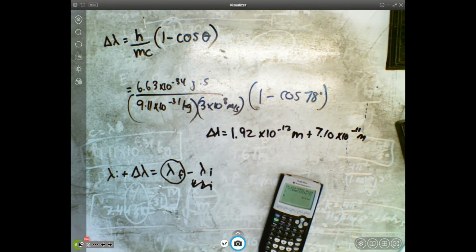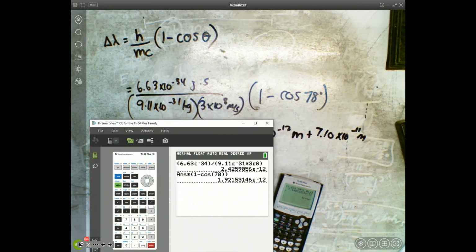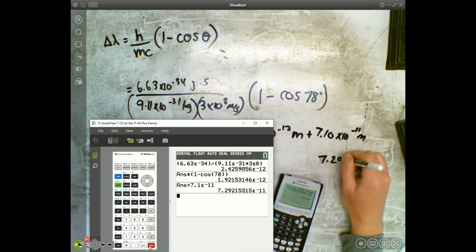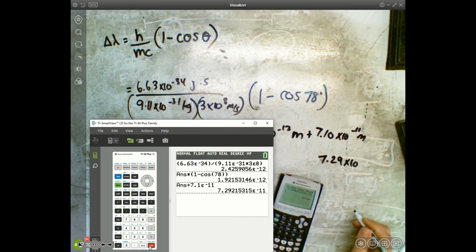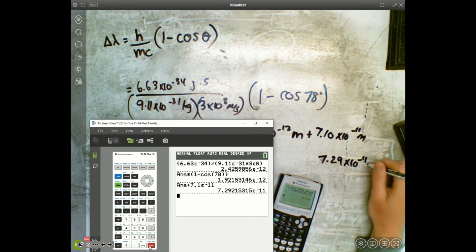When I add on that 7.1 times 10 to the negative 11, I end up getting 7.29 times 10 to the negative 11 meters.